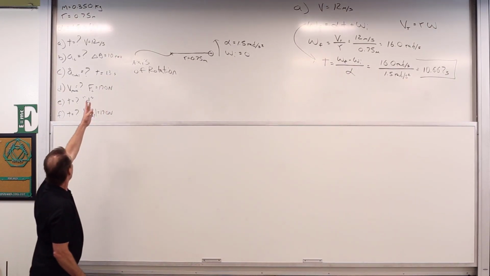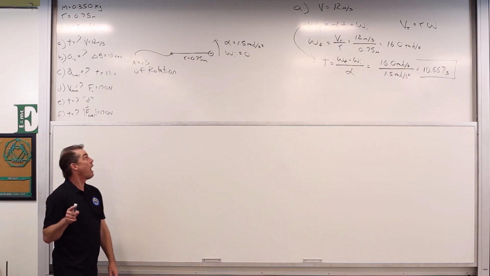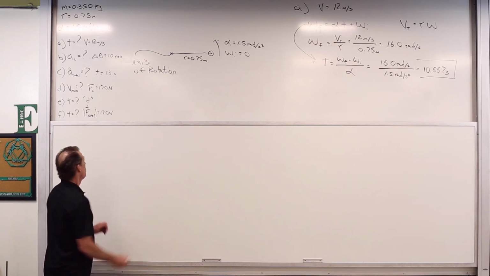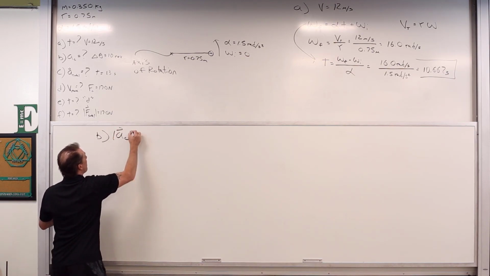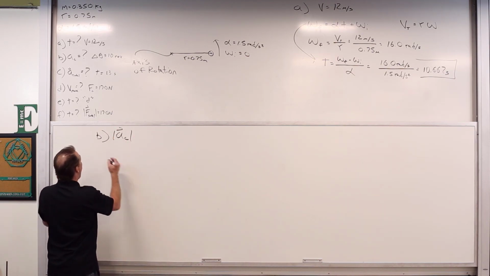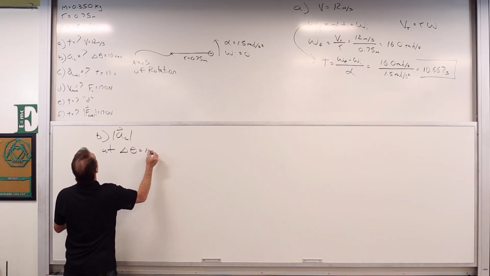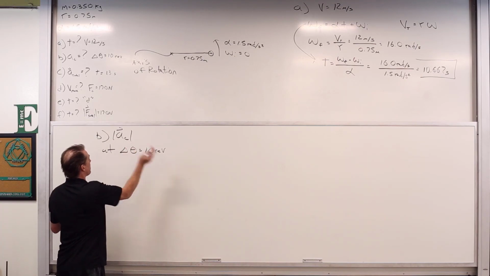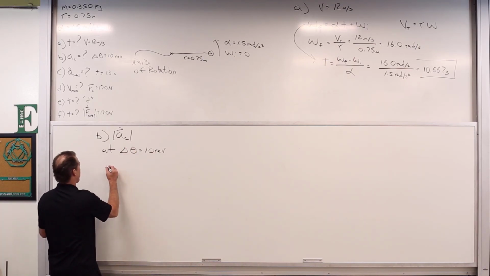So we've got a part B here. We want to know what is the centripetal acceleration after it has rotated around 10 revolutions. So, part B, we want the magnitude of the centripetal acceleration at delta theta equal to 10 revolutions. Well, we know that the centripetal acceleration can be written a couple different ways.